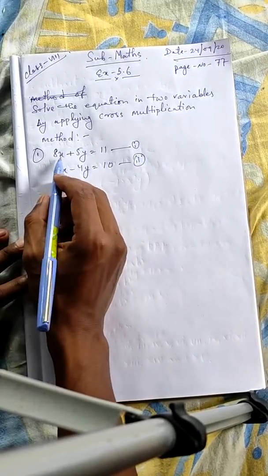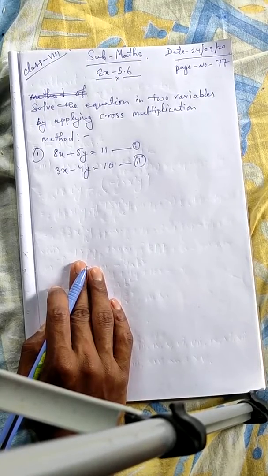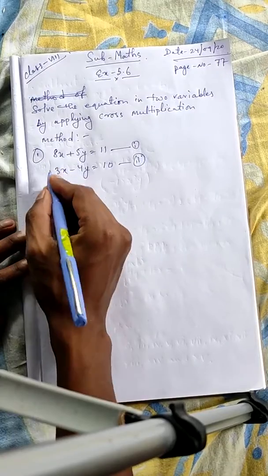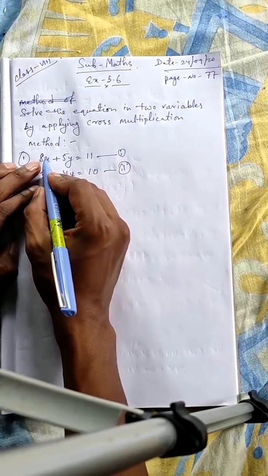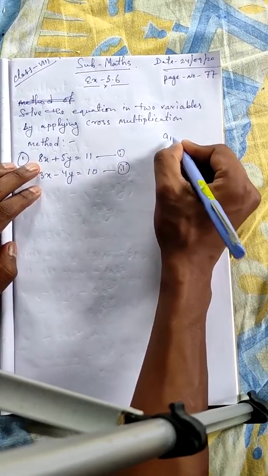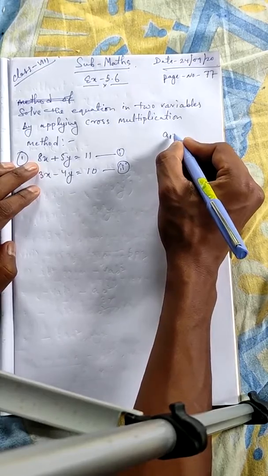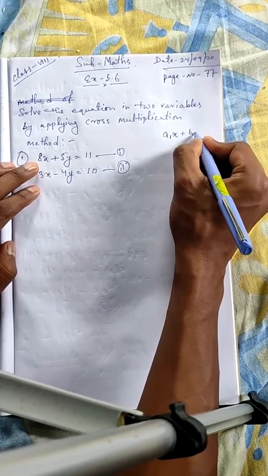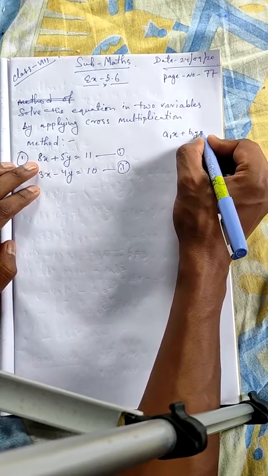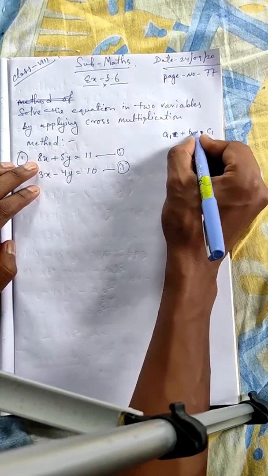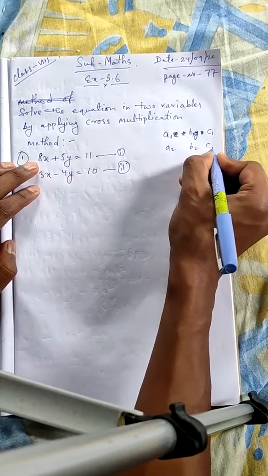So we have to use the formula. In this equation, I will write like this: a1x plus b1y equals c1, and a2, b2, c2 from equation 2.